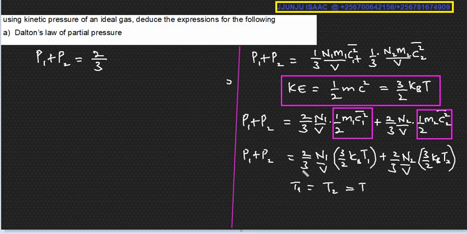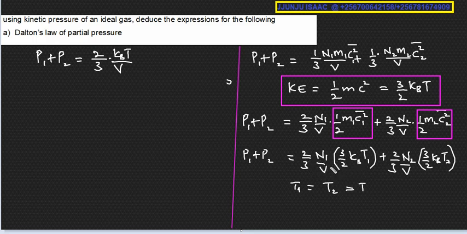I'm factorizing 2 over 3 as the common terms, then times kB T, because T is the same, so kB is common, then over V, because V and V is the same.